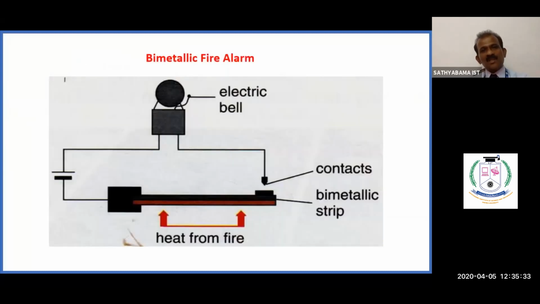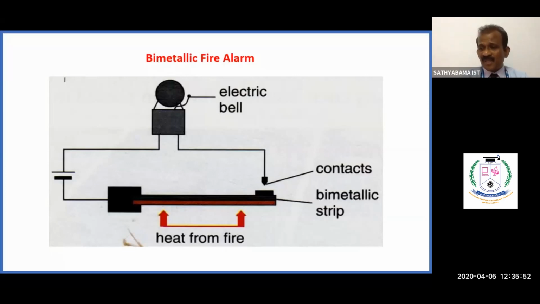Now, a bimetallic fire alarm is also available for this case. Here, we have the bimetallic strip in this circuit. In this diagram, initially it is in a linear position. If it is linear, there is no contact with the lead.